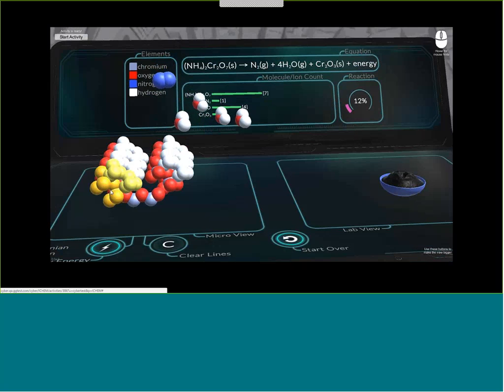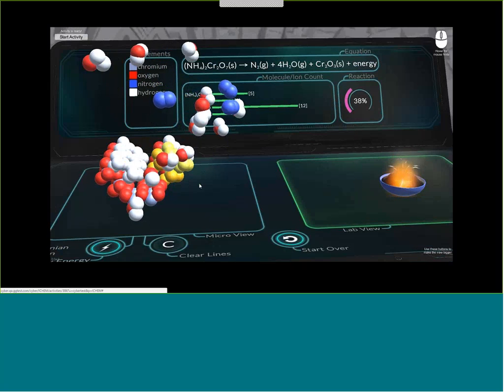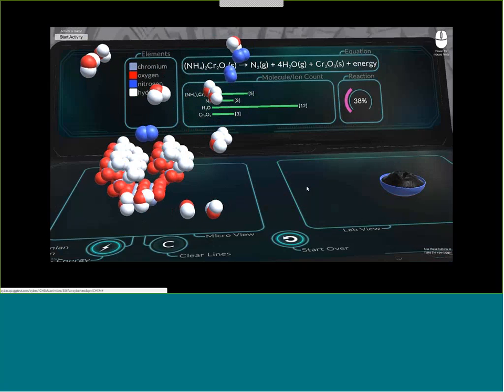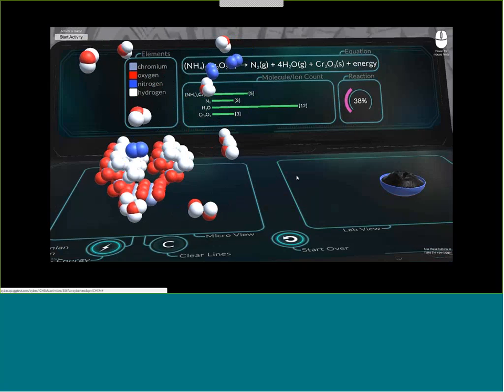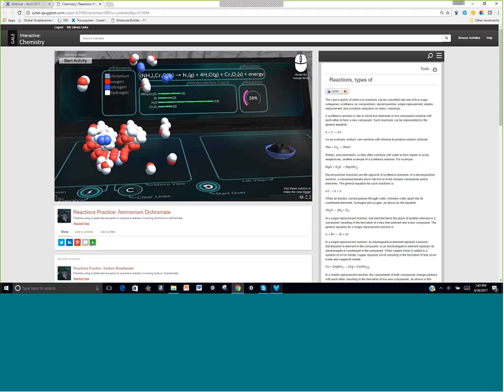The student can do this again several times, and each time, the reaction is governed by the law of conservation of matter, so they get 1 nitrogen molecule, 4 water molecules, and 1 chromium-3 oxide.